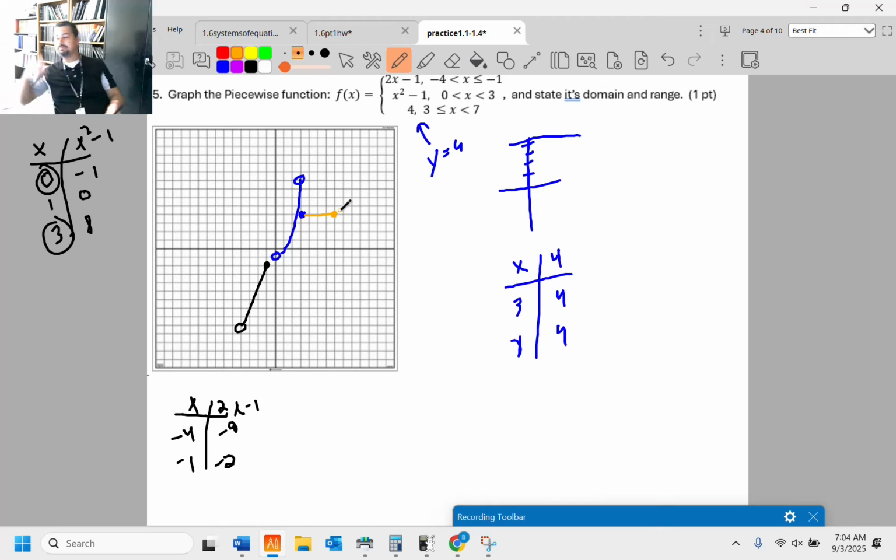So there's your graph. As far as your domain goes, the only thing that we can't be is right here, between here and here. There's nothing to find between -1 and 0. Of course, we can't be this piece either. But for the domain, we start at -4. We run up this line until we hit -1. Then we make a jump to the other side of 0.